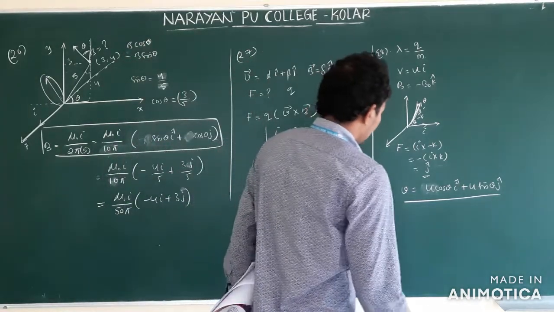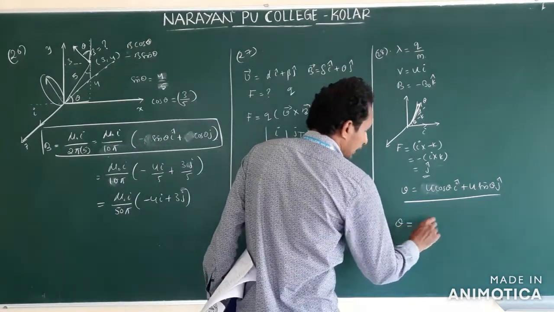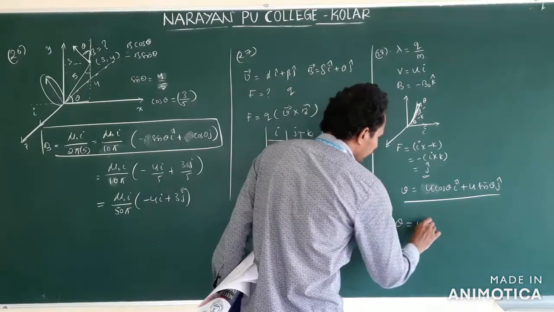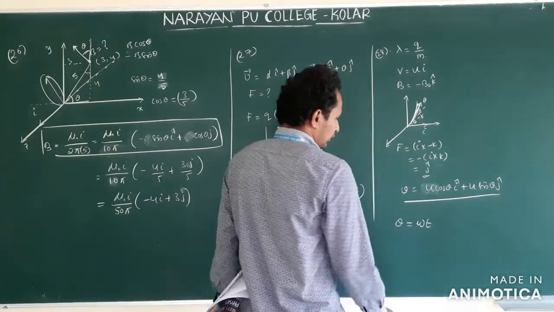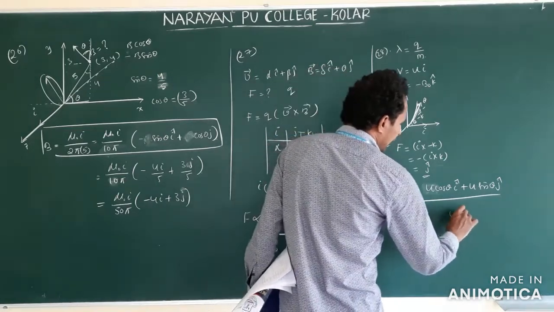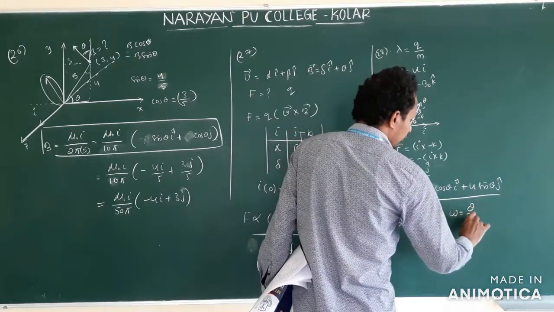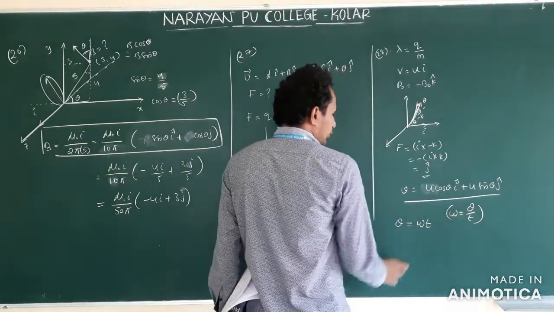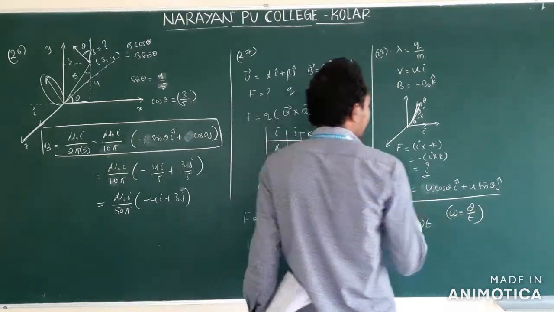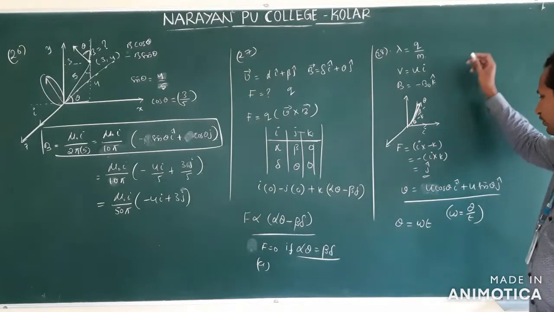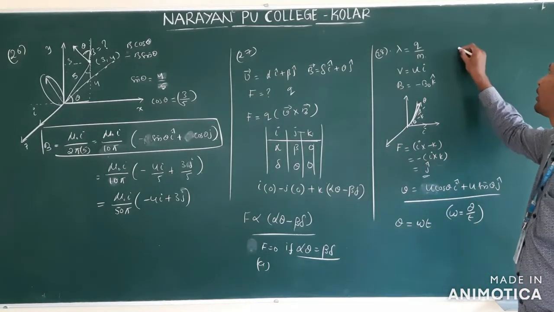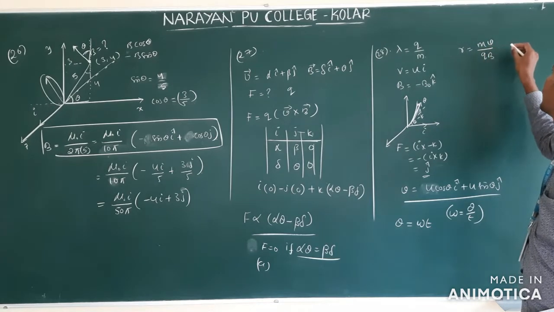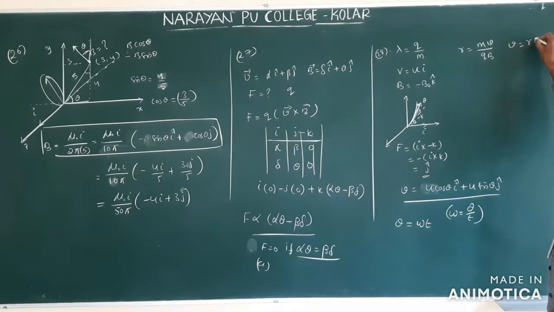Theta is angular displacement. Omega is angular displacement by time, so theta is equal to omega t. Once we know omega, it is easy. The formula is r equal to mv by qb, and v is equal to r omega.